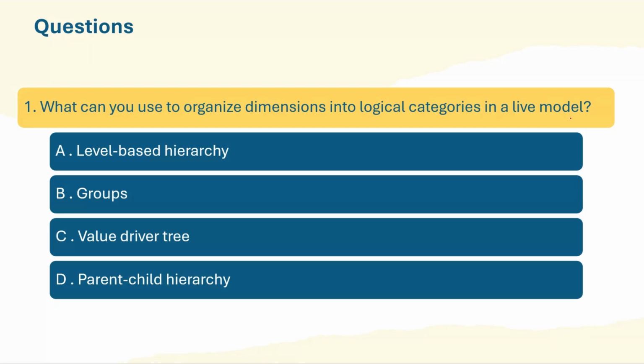That's the only thing it does. Otherwise, from a visualization perspective or any other perspective, it doesn't have any impact. Just like in a folder you organize certain things together, it is not going to impact any technical stuff. So you can use a group in a live model to organize the dimensions.